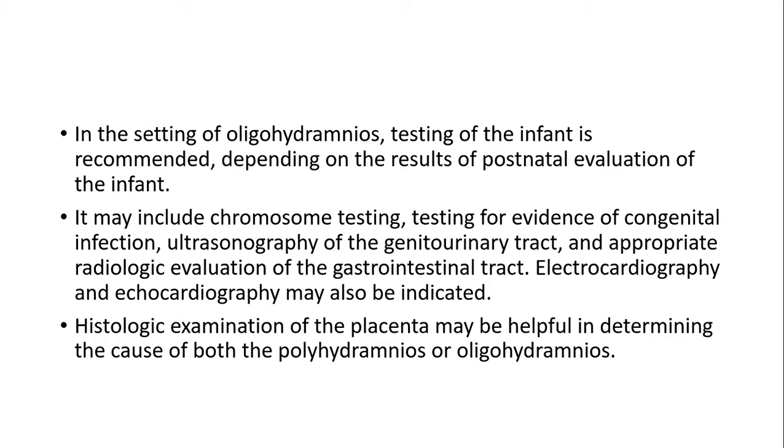It may include chromosome testing, karyotyping the baby, testing for evidence of congenital infection, ultrasonography of the genitourinary tract, and appropriate radiological evaluation of the GI tract. Electrocardiography and echocardiography may also be indicated.